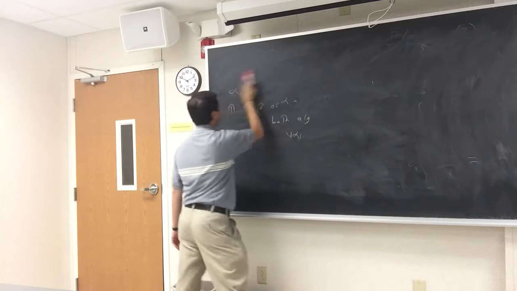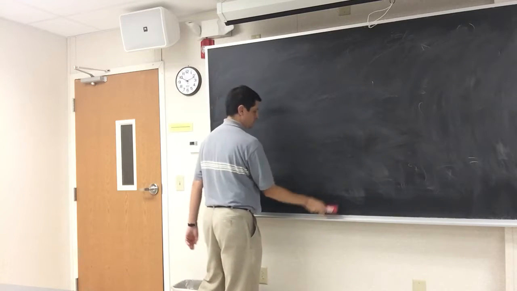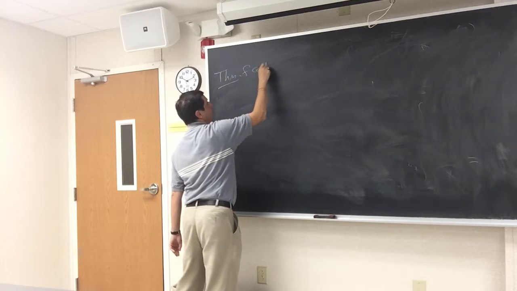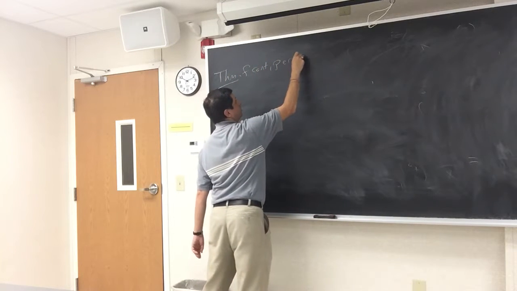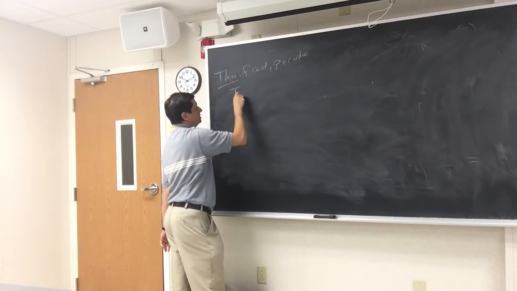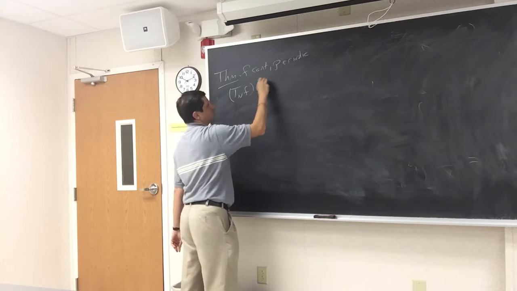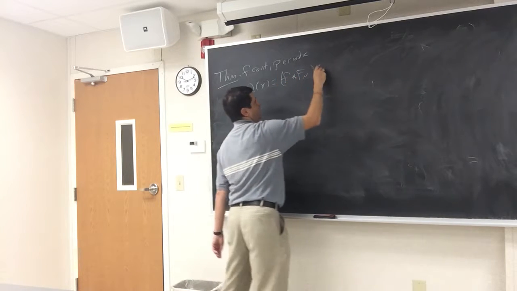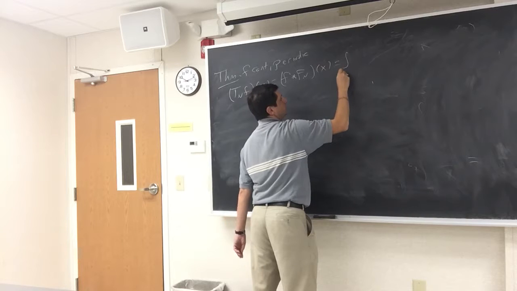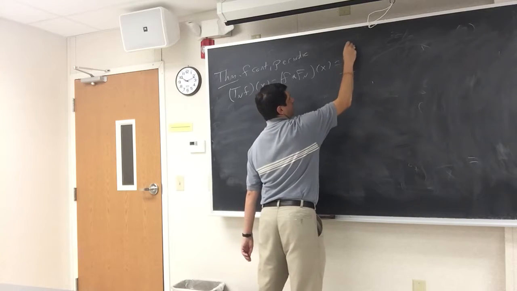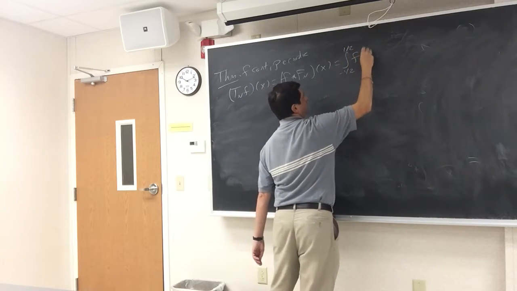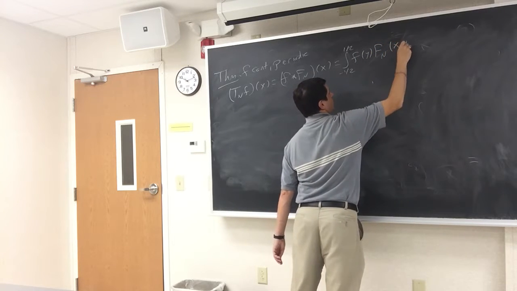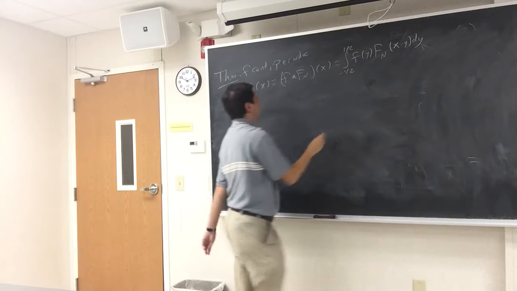So now let's prove the main result. Theorem: f is continuous, periodic. We'll let Tnf of x be f star the Fejer kernel at x, which is the integral from -1/2 to 1/2 of f of y Fn of x minus y dy.